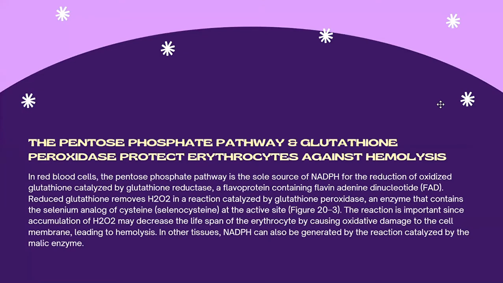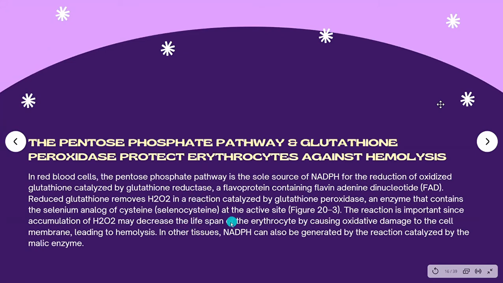The pentose phosphate pathway and glutathione peroxidase protect erythrocytes against hemolysis. I mentioned this already. The pentose phosphate pathway is the sole source of NADPH for reduction of oxidized glutathione, and this is catalyzed by glutathione reductase.